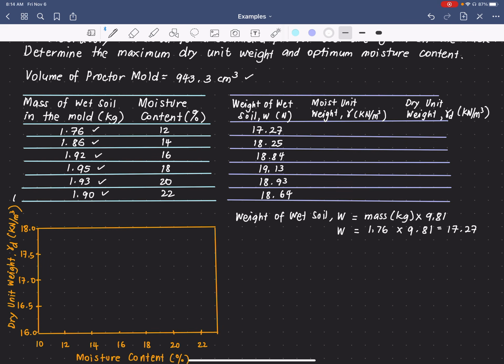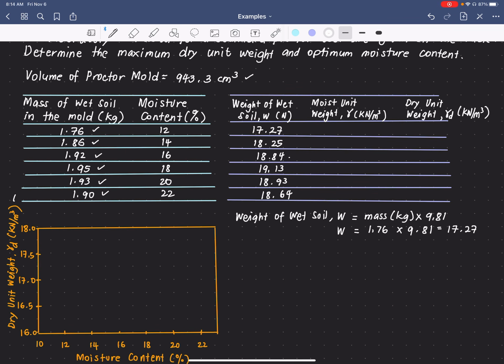Notice that the weight is increasing at first: 17, 18.25, 18.84, 19.13. But after some time, the weight decreases: 18.93 and 18.64. That's actually how we do it in the laboratory.